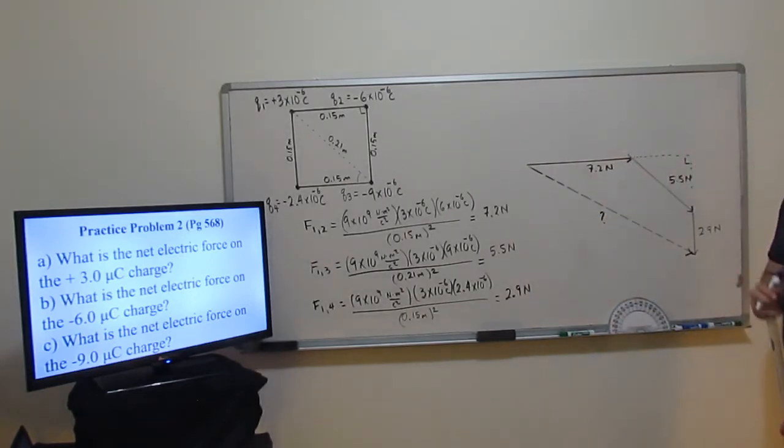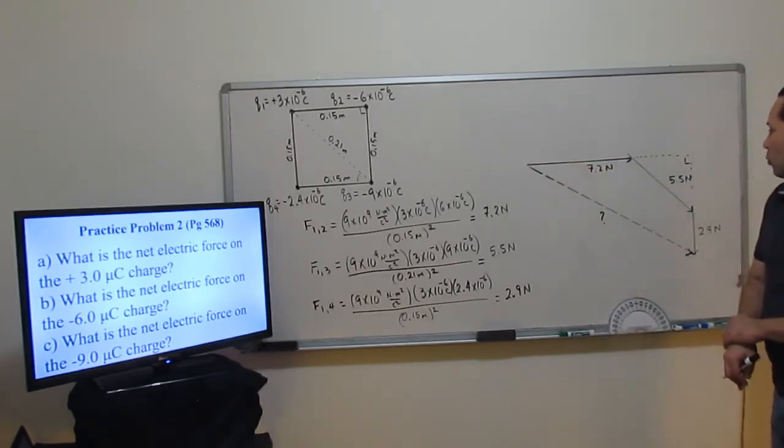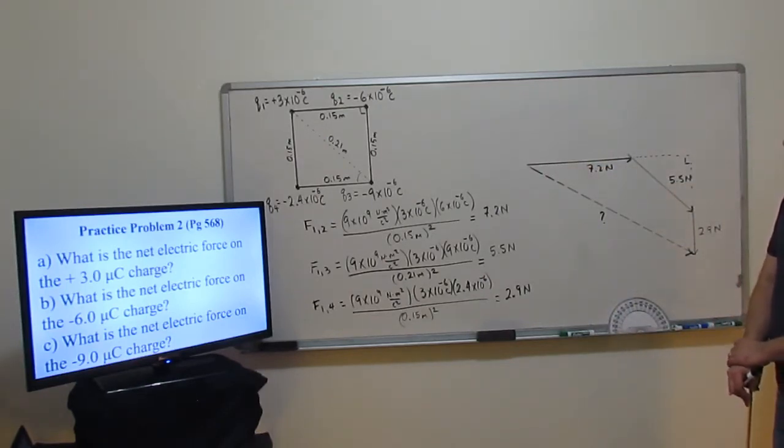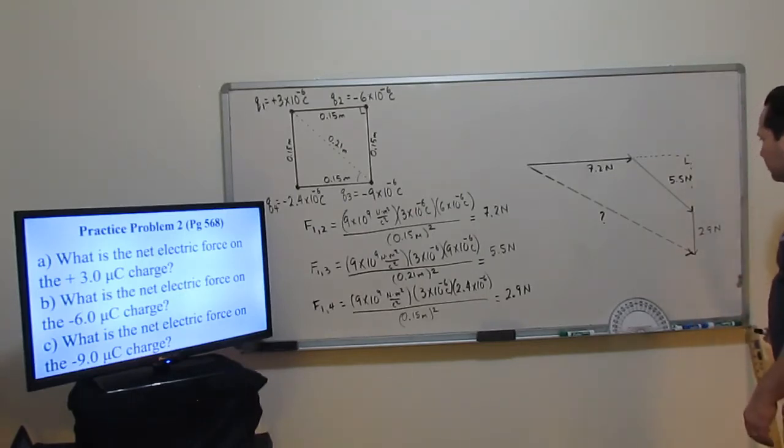Big question mark right there. What is the net force on charge 1? It is going in that direction, so what is it? Alright, cool. That's our problem. Let's go ahead and get to work on it.